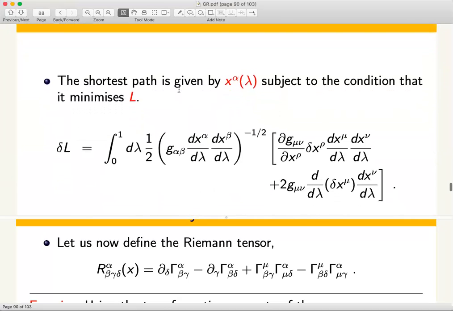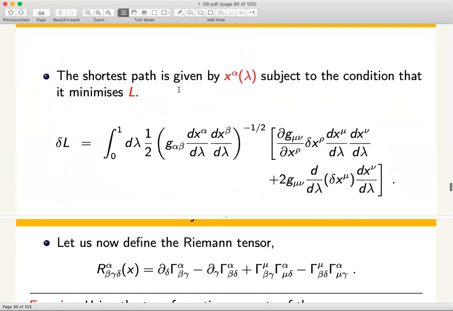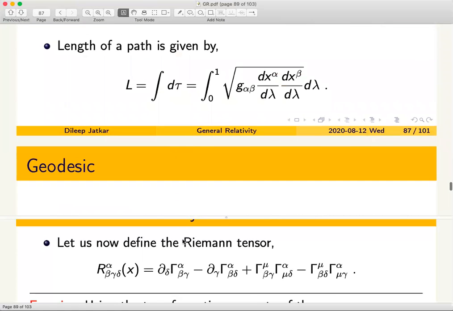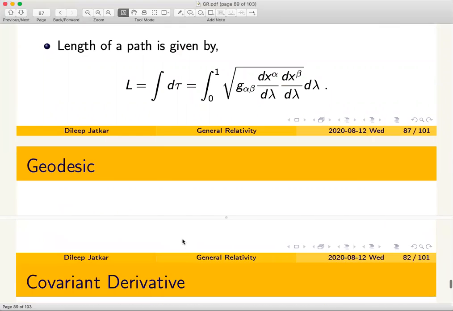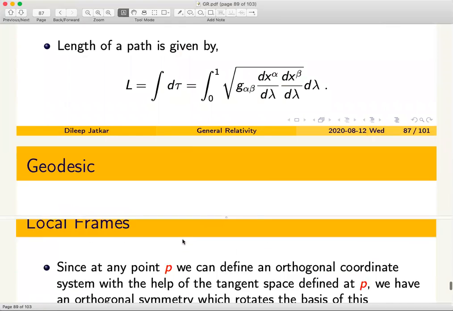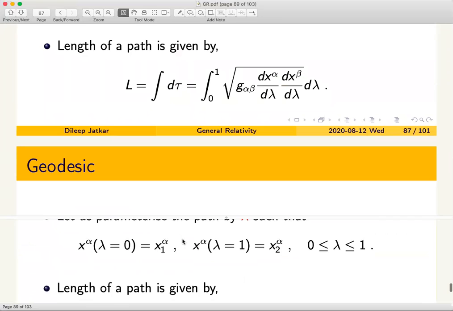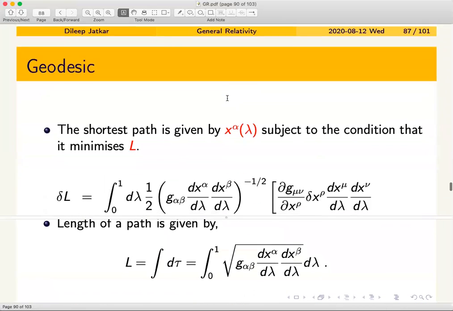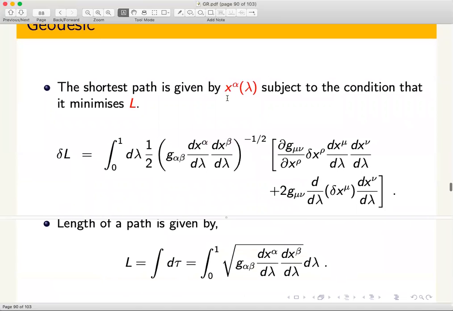Now, if I want to look at the shortest path, then you take this definition and you want to extremize the length. You want to actually minimize the length.